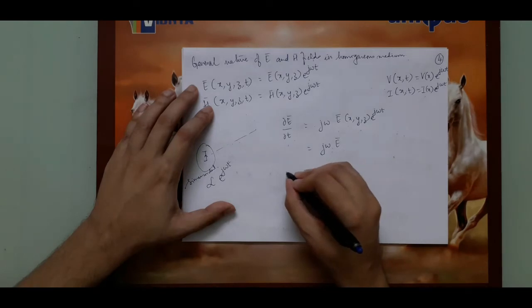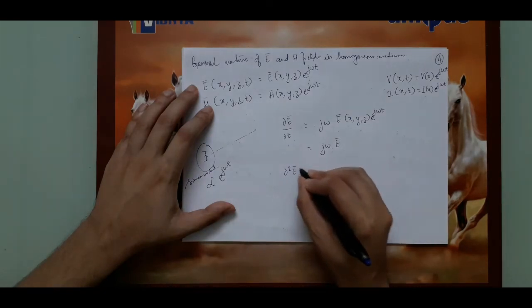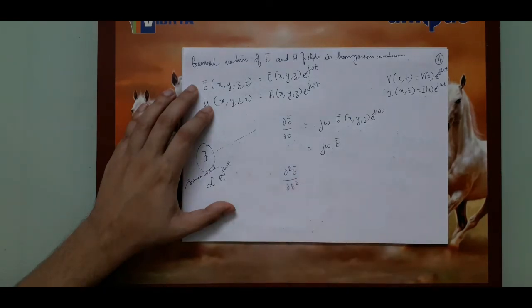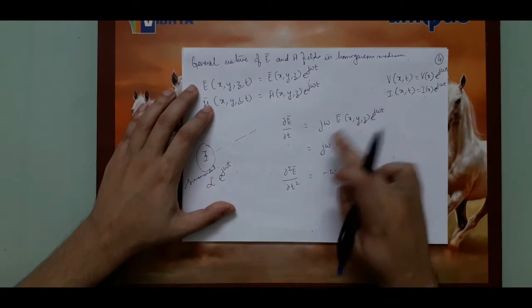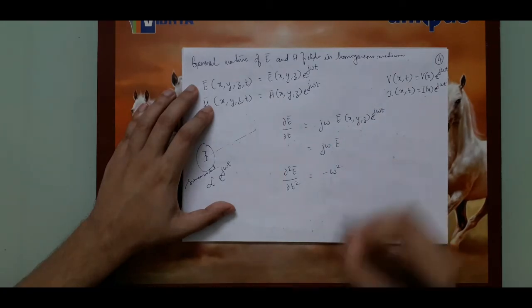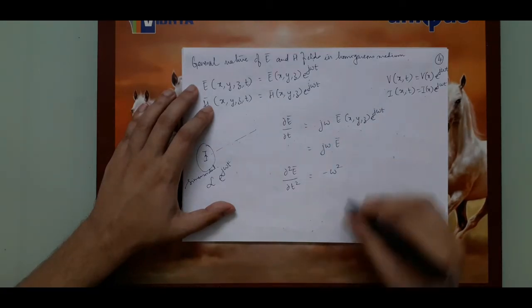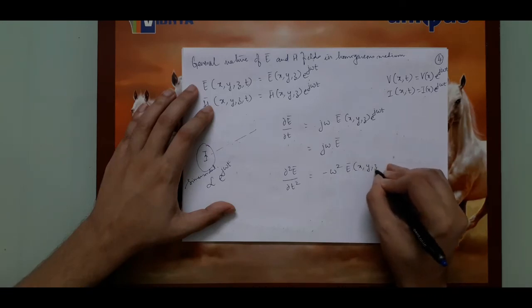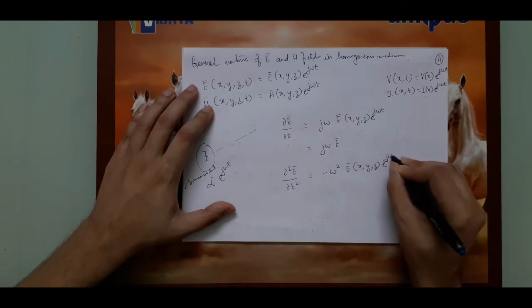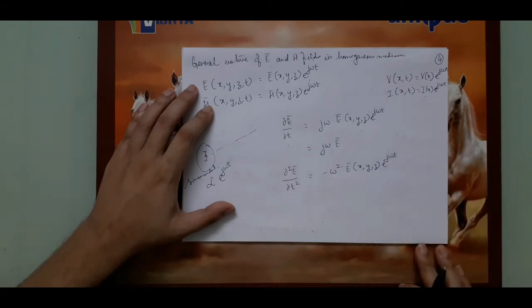Now if I take the second differential with respect to time, what will happen is we will see minus, so j omega and j omega will get multiplied, so we will get omega square times E of x, y, z times this.